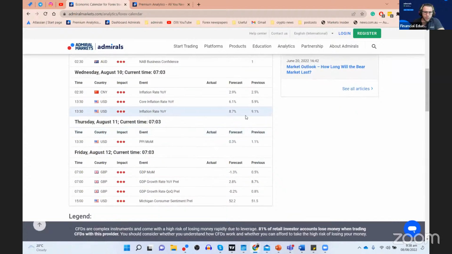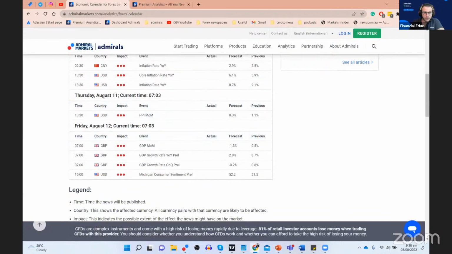It will be the first decline in the inflation rate. On Thursday, PPI 1.1% to 0.3%, and on Friday, some focus on the Great British Pound from the UK. This time we have the growth rate from 8% to 2.8%.